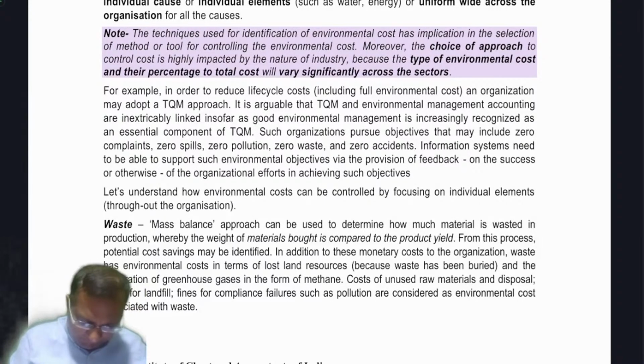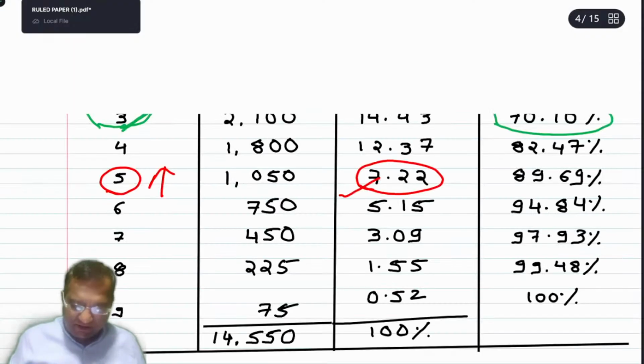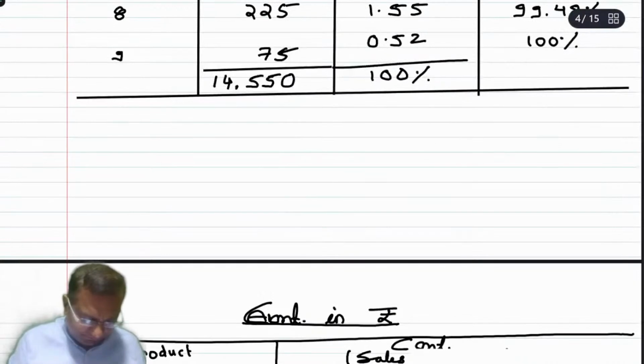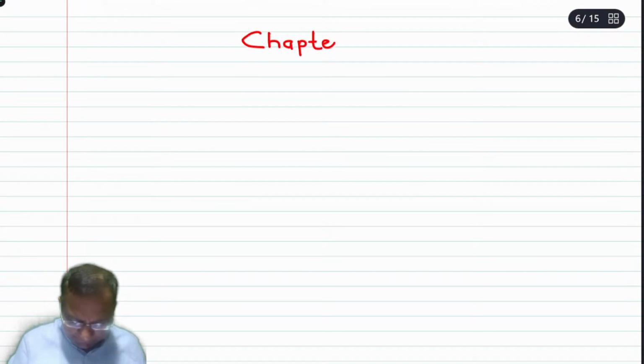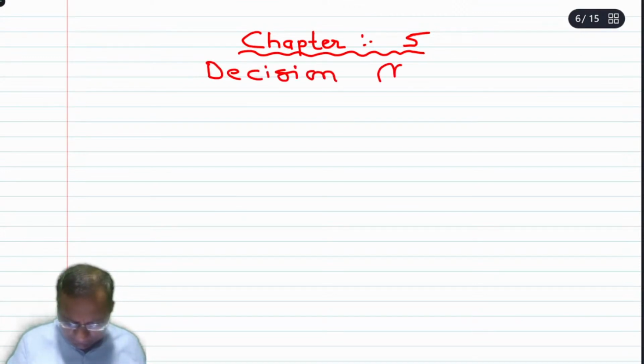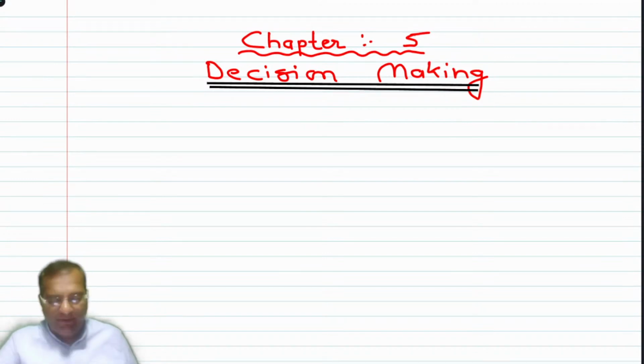So give the heading, beta: Basics of Marginal Costing. It's chapter number 5, Decision Making.